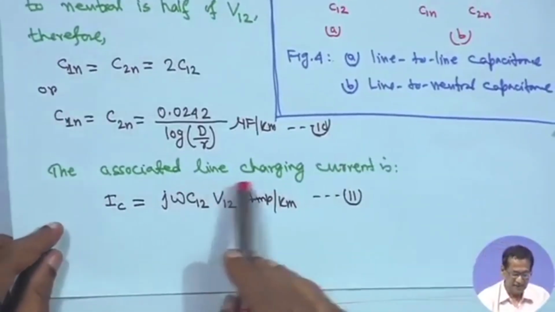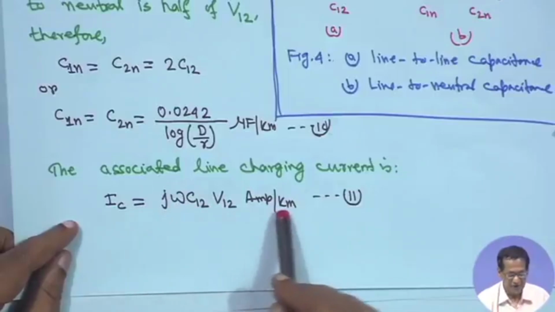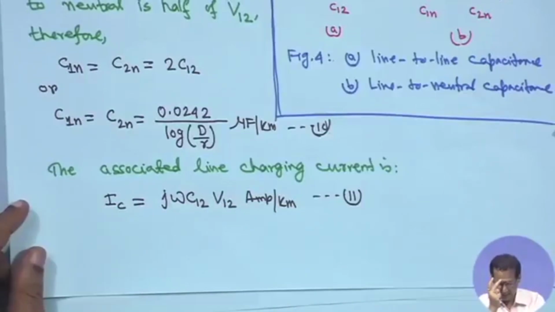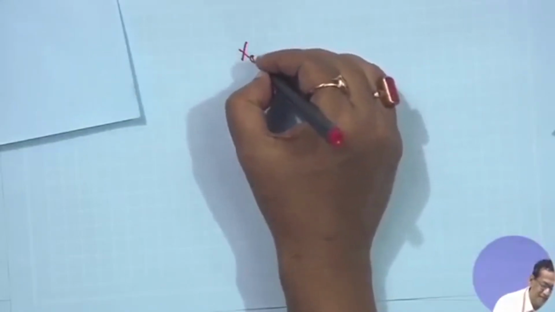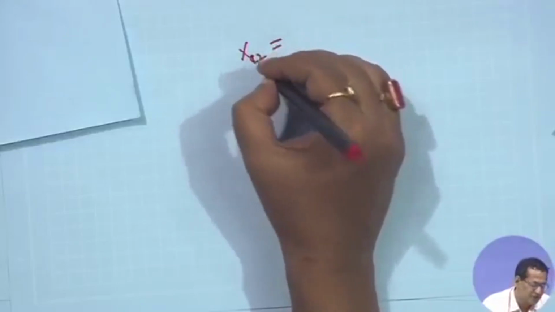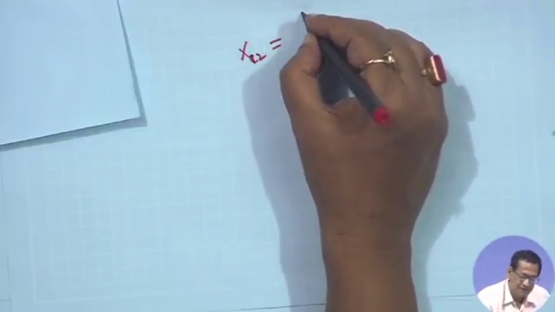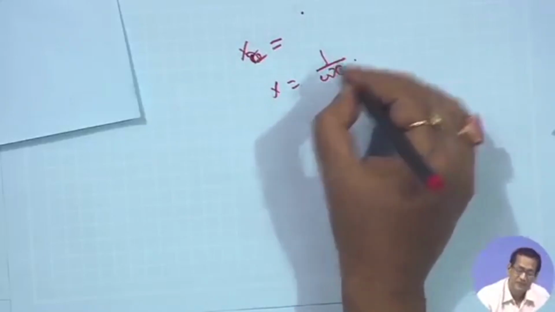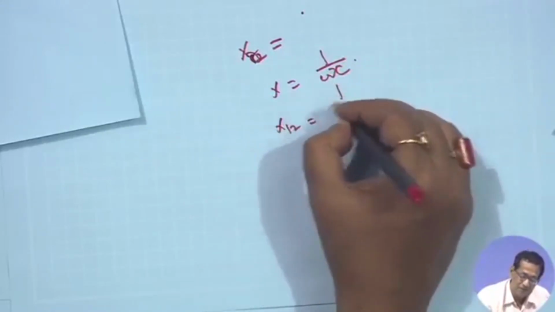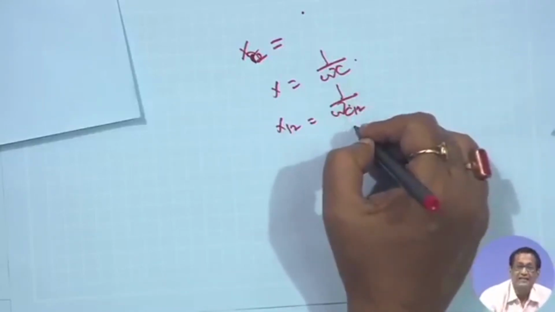Now, the associated line charging current will be Ic is equal to j omega C12 V12 ampere per kilometer. If you try to find the reactance, say x12, you generally know that x is equal to 1 upon omega c. So x12 is 1 upon omega C12, and this is that reactance.